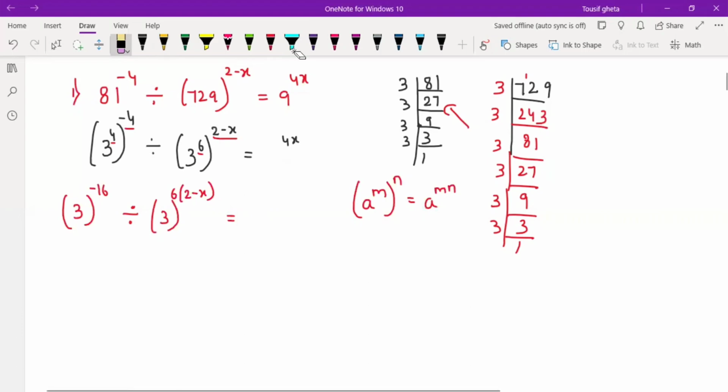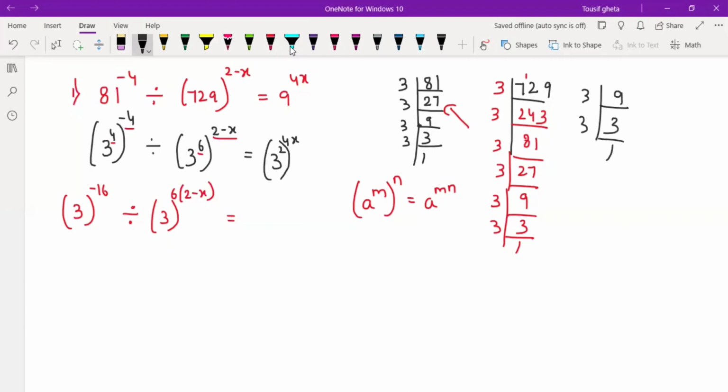In the place of 9, that is very similar, we can write 3 square, because 9 is divisible by 3. 3 3s are 9 and 3 1s are 3. So in the place of 9, we write 3 square and whole to the power of 4x remains as it is. The law can be applied even to this exponent, that is 3 to the power of 8x.